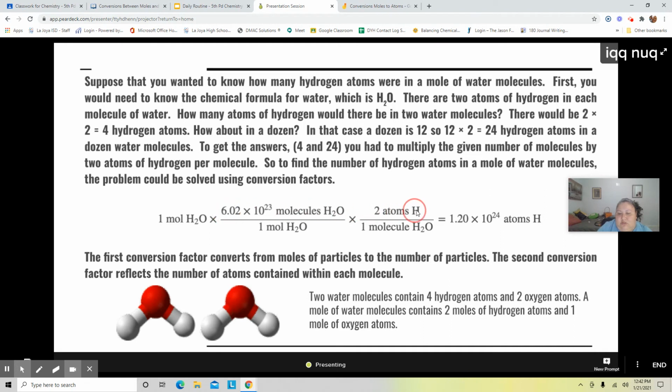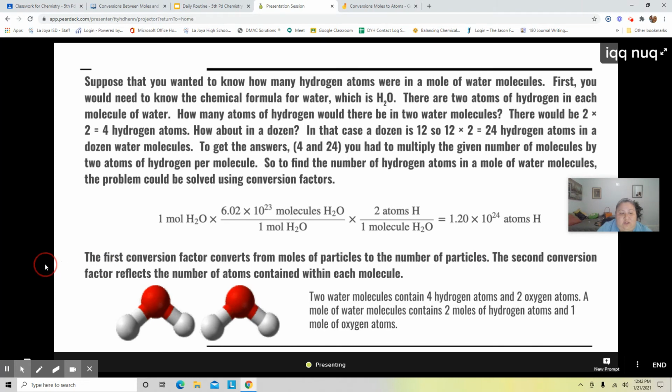And what's left to do if they're both on top? We multiply again. And you should end up with this answer. 1.2 times 10 to the 24 atoms. Okay, and if you don't understand, don't worry. We are going to do a sample problem of this. The first conversion factor converts from moles of particles to the number of particles.